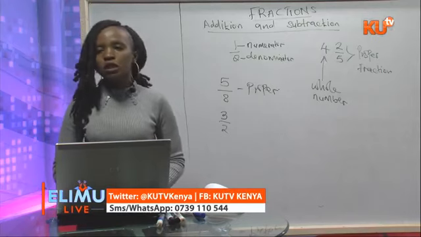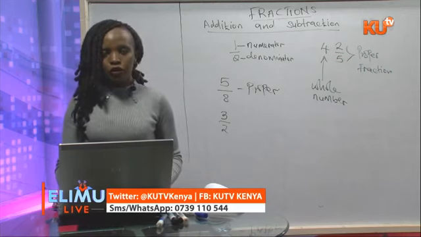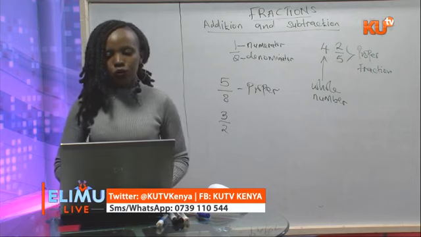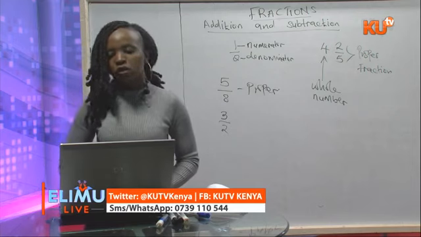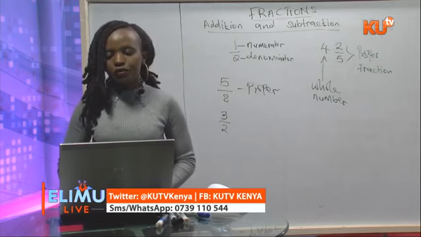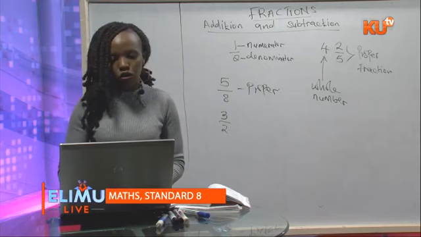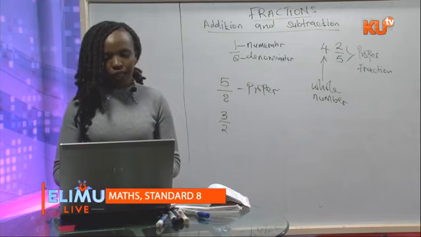Mostly, we are going to deal with mixed fractions. Before we go to that, I want us to remind ourselves on how to convert mixed fractions to improper fractions before we come to some calculations.